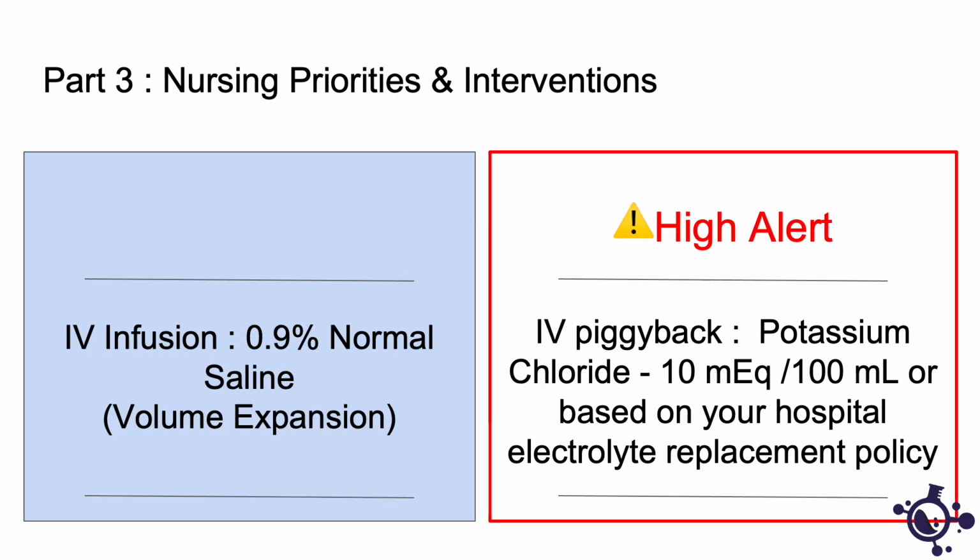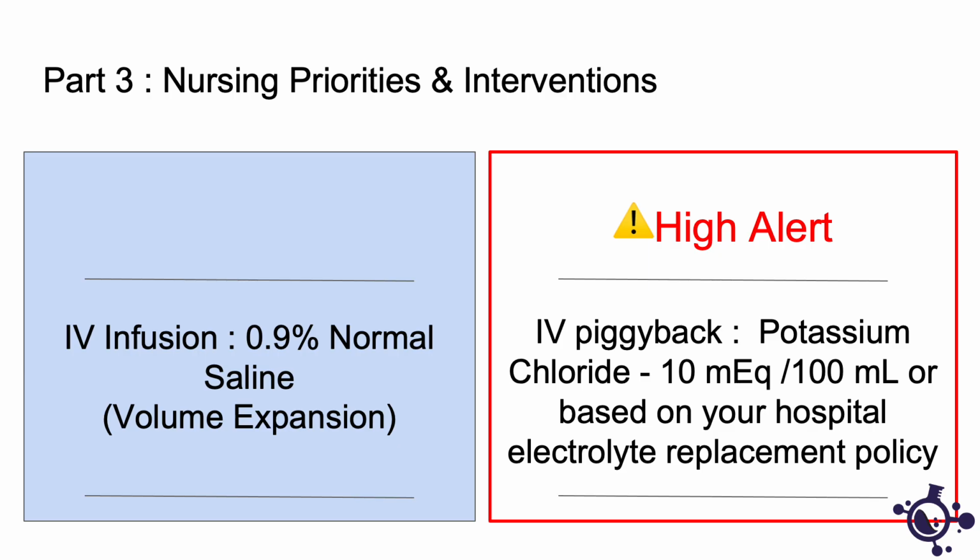So our nursing priorities and interventions are to infuse the 0.9% normal saline for volume expansion, and also, I would say, to replace her potassium. Okay, so we would replace the potassium based upon the electrolyte replacement protocol or policy that your hospital has, but it would be given as an IV piggyback.